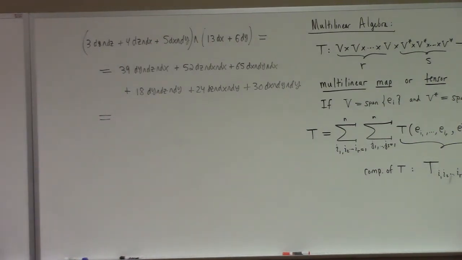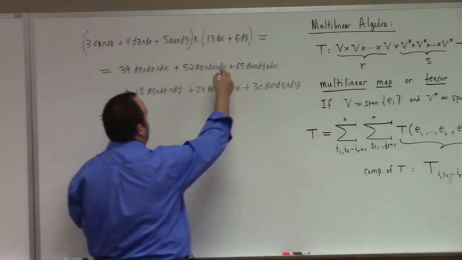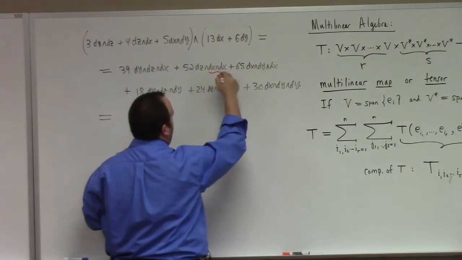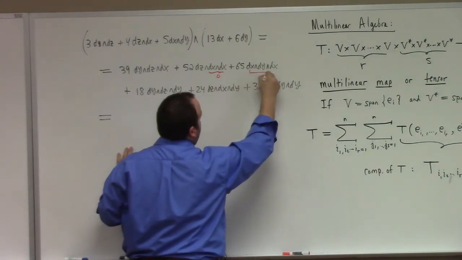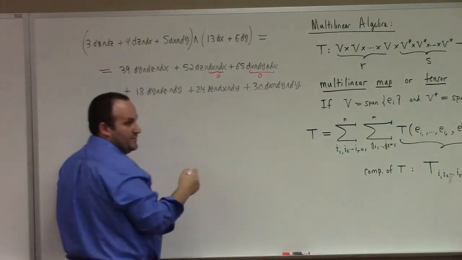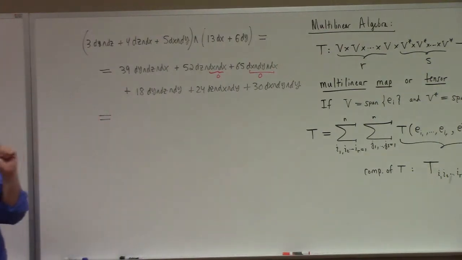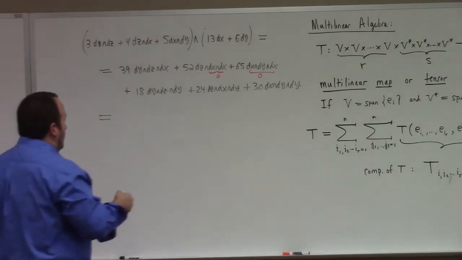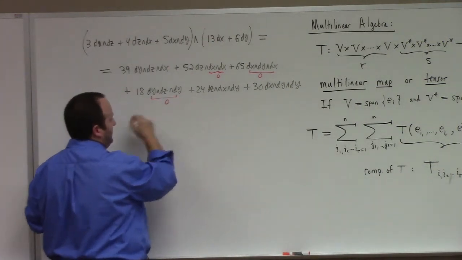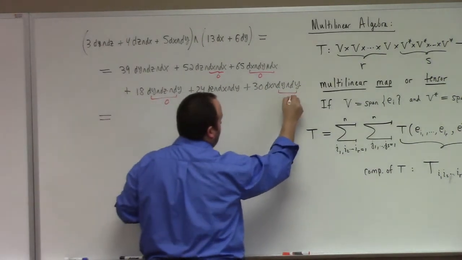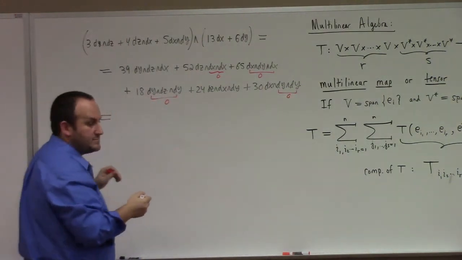Anytime we have a duplicate differential, that wedges to 0. So like this is 0. These guys combine to give you 0. When you flip, you get a minus from flipping dx and dy, but then you've got dx wedge dx, which is 0. Again, this is going to be 0 as well, and this is 0, right? So what do we get?